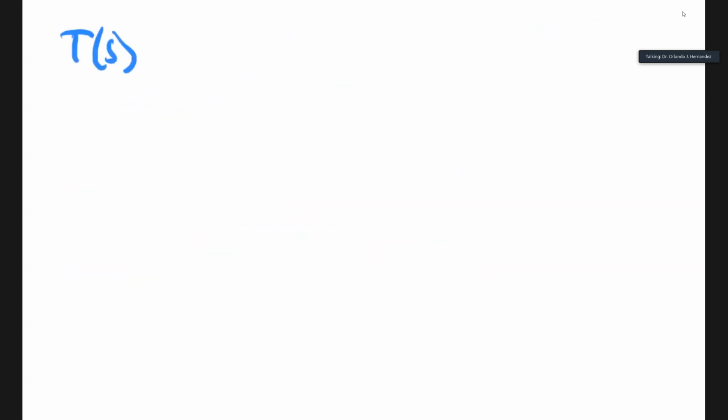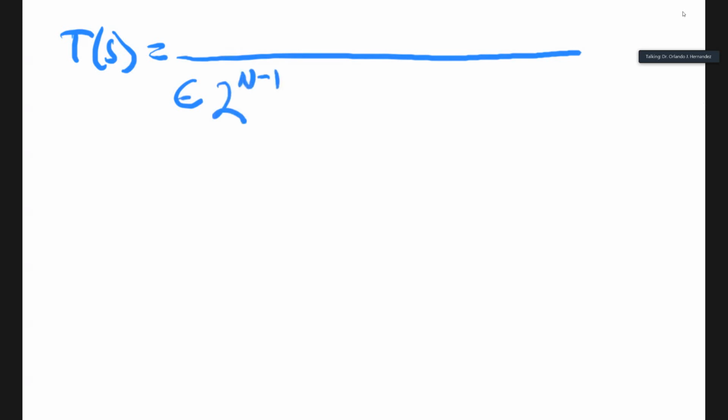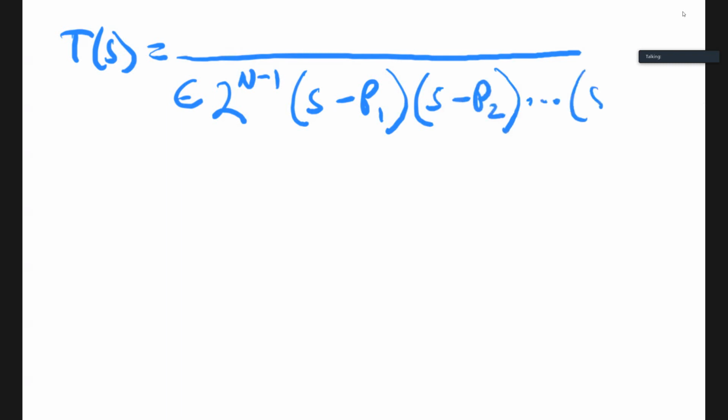So for these types of filter, we're going to have the poles in the denominator multiplied by epsilon and 2 to the n minus 1, and then we're going to have the pole factors up to n.